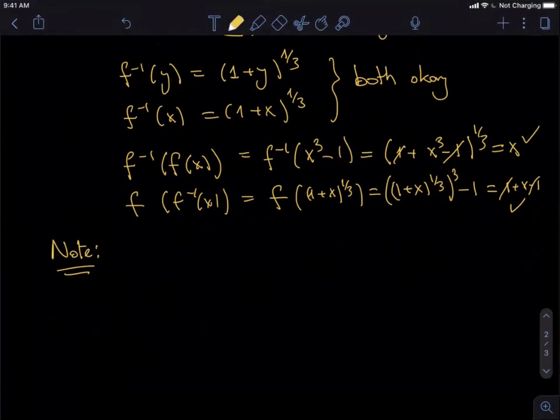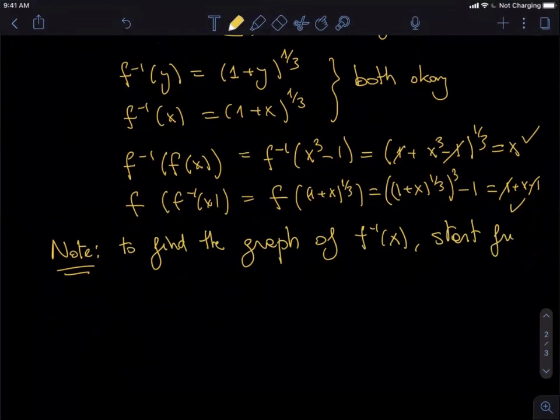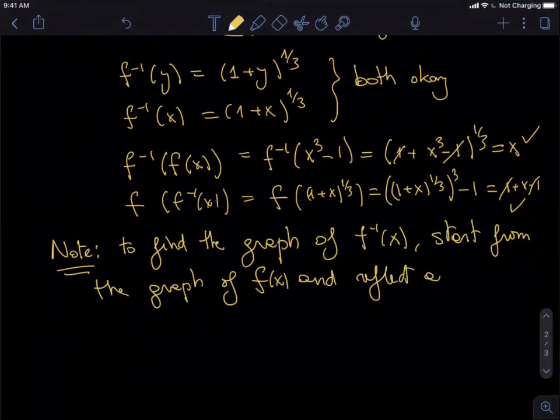So to find the graph of the inverse, always start from the graph of the original function f of x and reflect across the line y equals x.